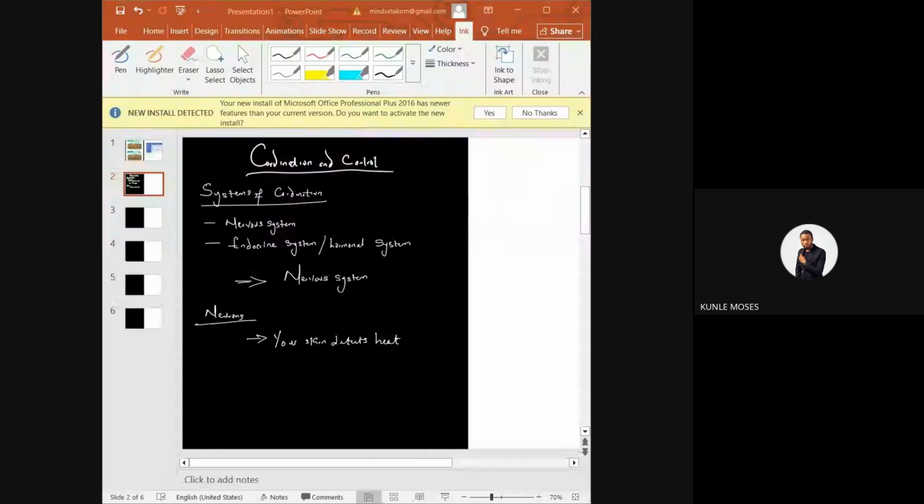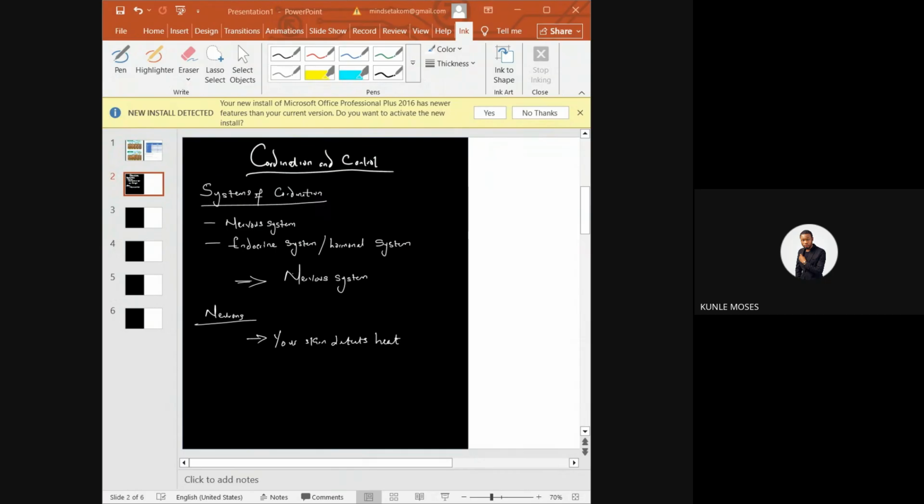The nervous system is made up of specialized cells called neurons.